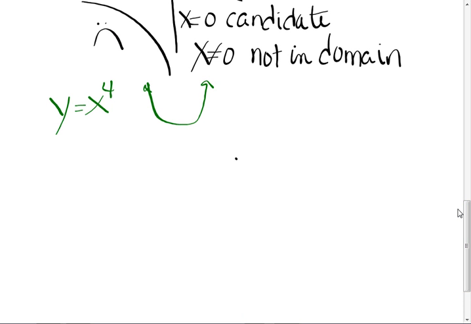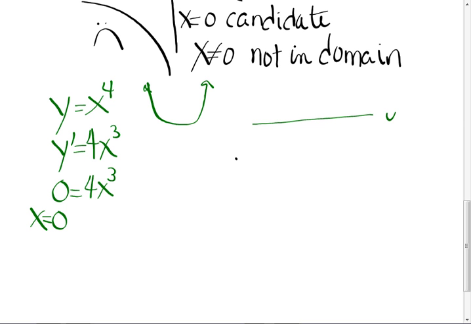So let's look at y prime first. What's y prime? 4x cubed. Now, we have a critical point here. What if 0 is equal to 4x cubed? Where is my critical point? x equals 0. Is that a max or min? How do you know? If I do my little line graph, that you get no points for on the exam, I might give you points because I think it's a good tool.